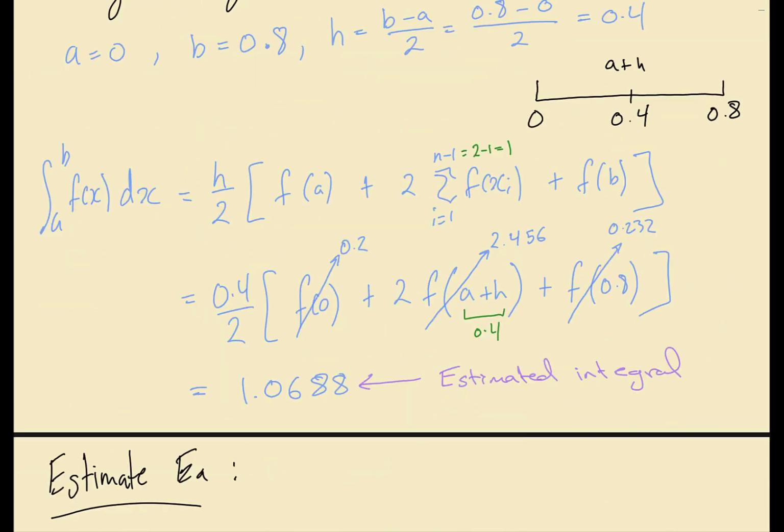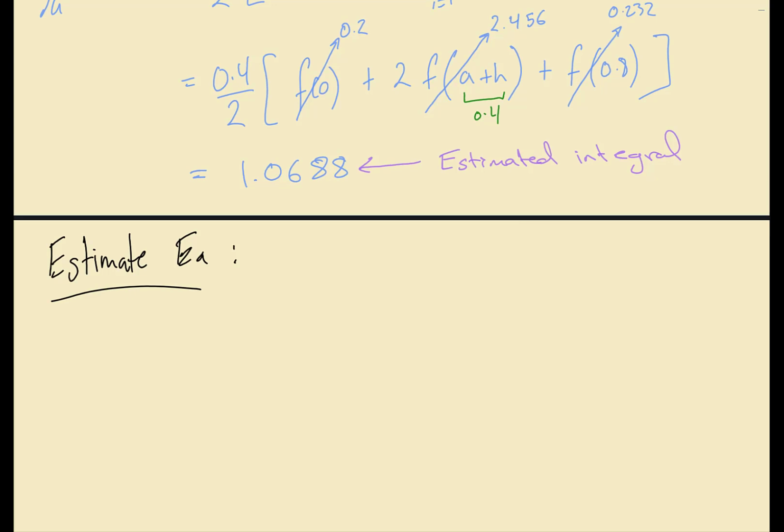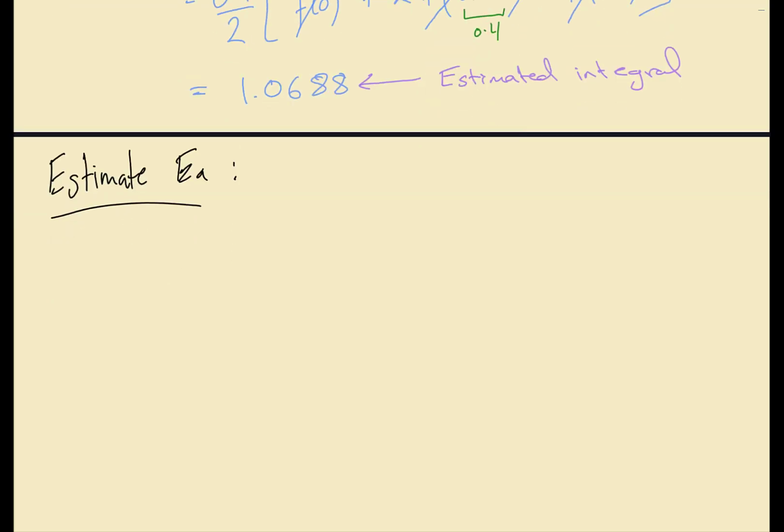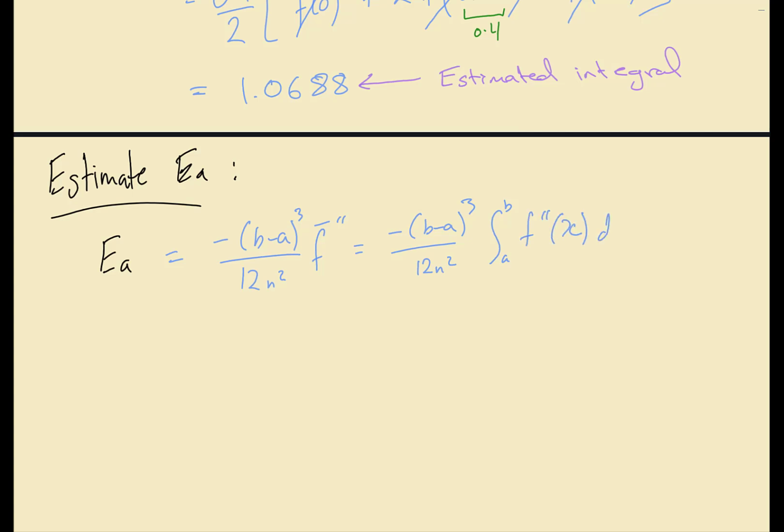We have EA is equal to negative b minus a cubed divided by 12n squared, times the average, which was the integral of a to b of f double prime of x dx divided by b minus a.